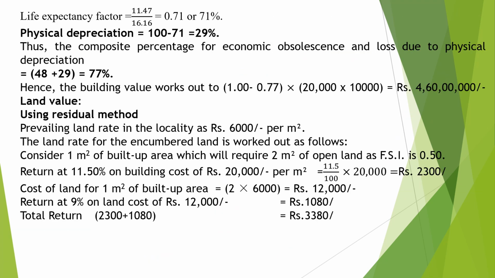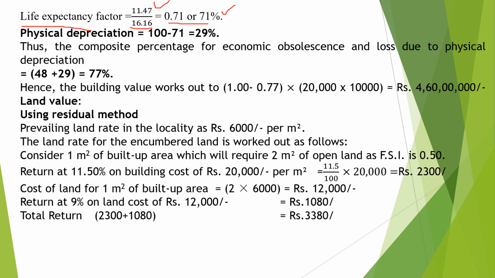So now, how will the physical depreciation be calculated? You will calculate the life expectancy factor, which is 11.47, the YP for future life, divided by the YP for total life, 16.16. That gives a life expectancy of 0.71, or 71%.